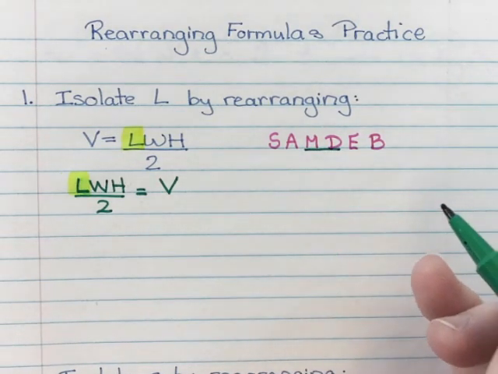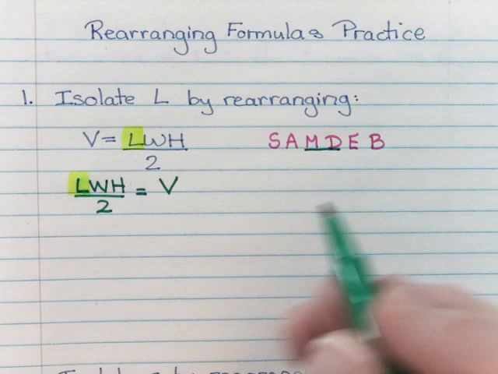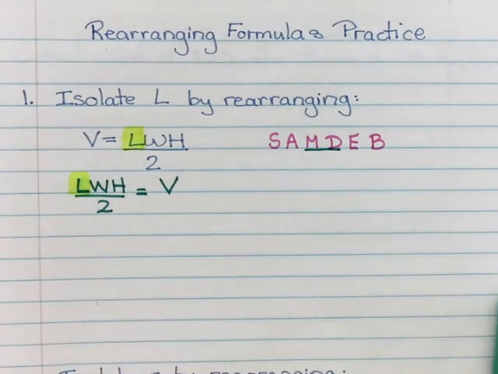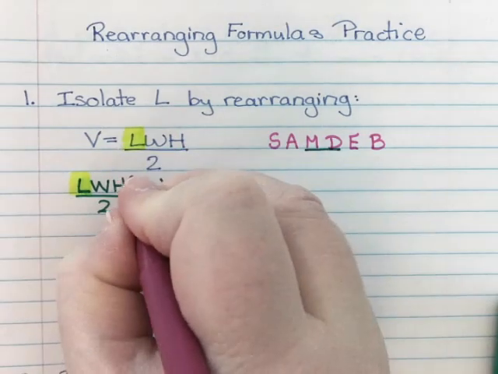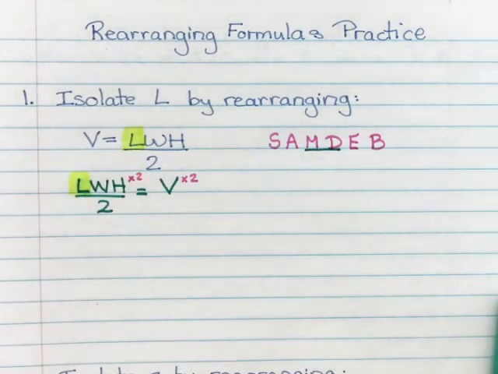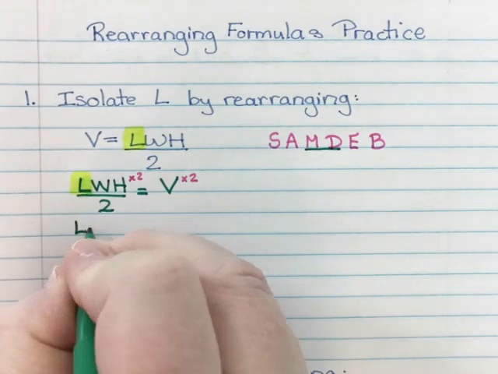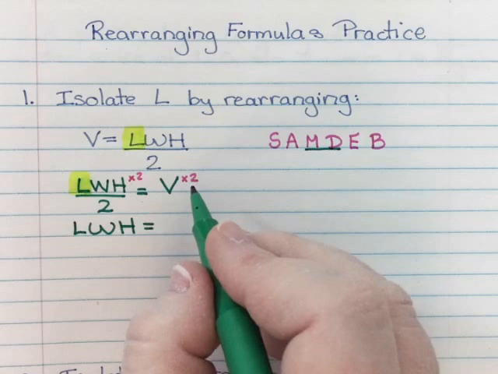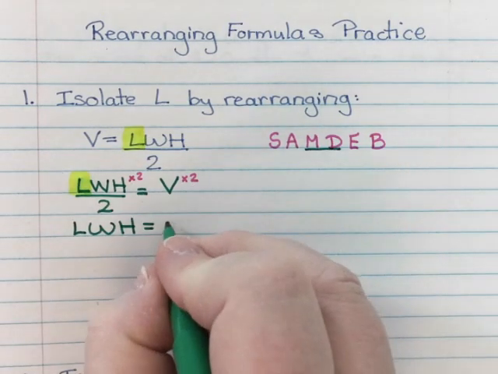It doesn't matter which one you try to eliminate first. So I would probably start with the division. To cancel out that divide by 2, I would multiply by 2. And what you do to one side, you do to the other. So I would get length times width times height is V times 2, which would just be 2V.